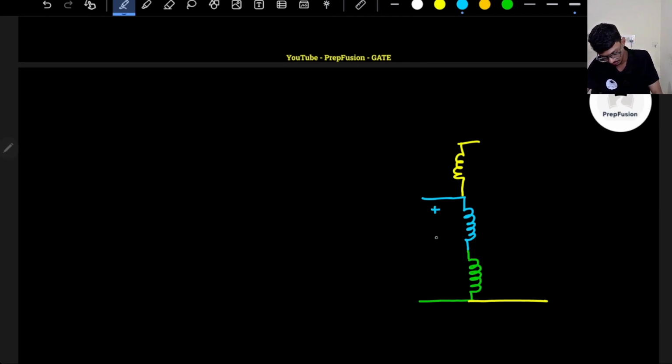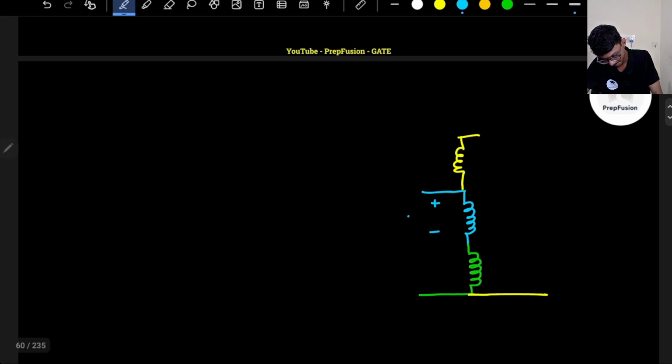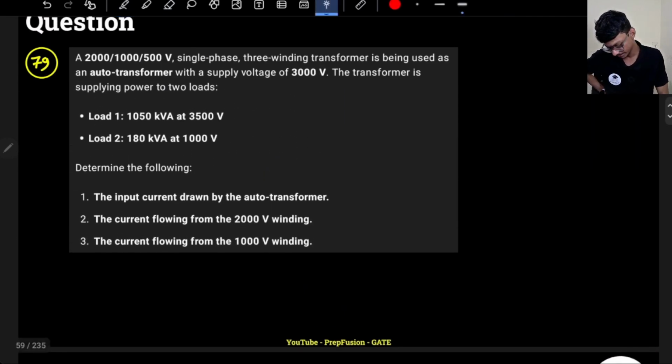So this will be plus minus 2000 volts, this will be plus minus 1000 volts. Okay, so plus minus 2000 volts. So now what I can say, the transformer is supplying load 1 at 3500 volts.